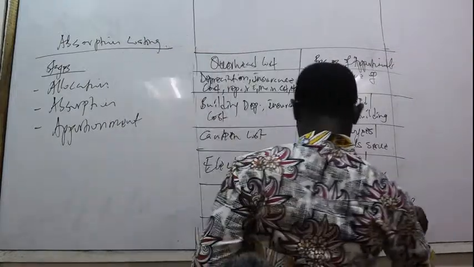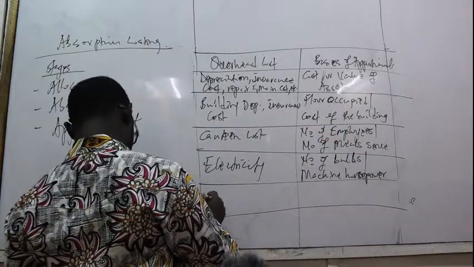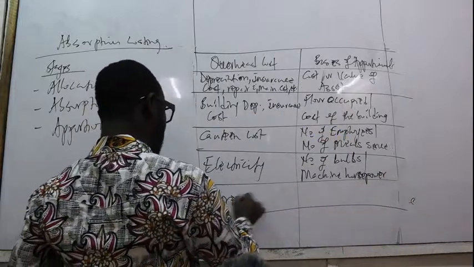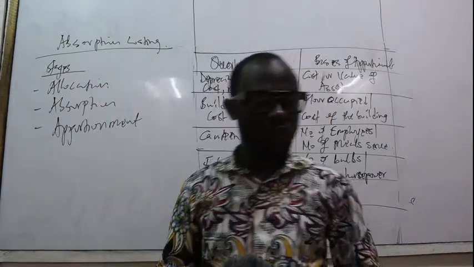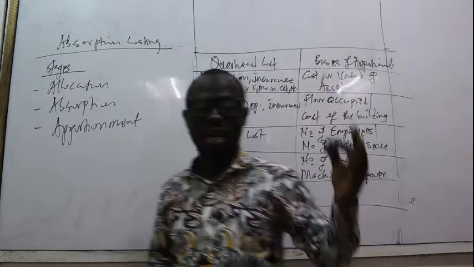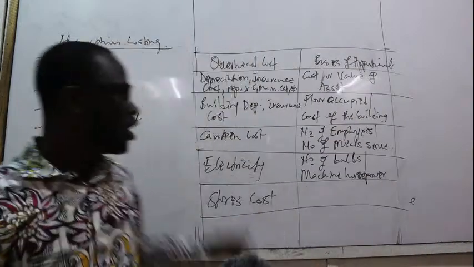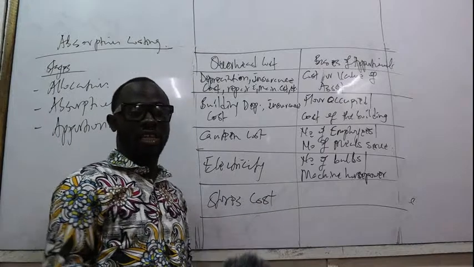Then store costs. We have a store department, and we've incurred some cost at the store of the organization. So how do we allocate the store cost?